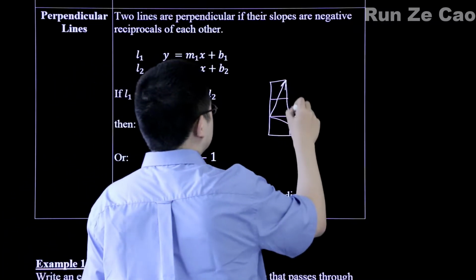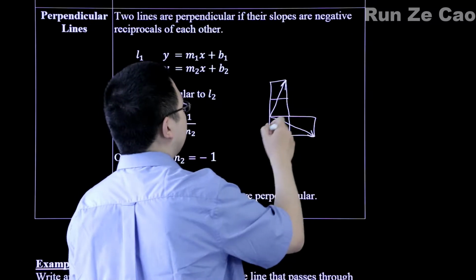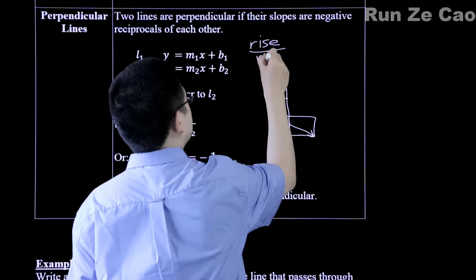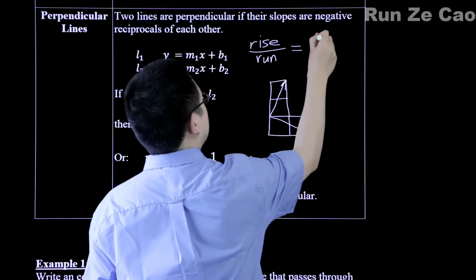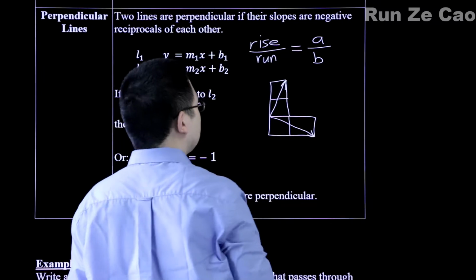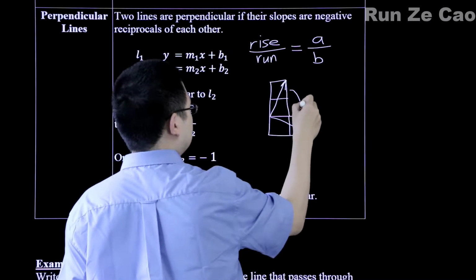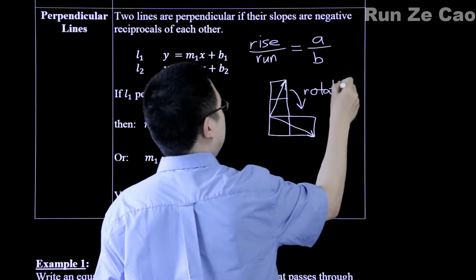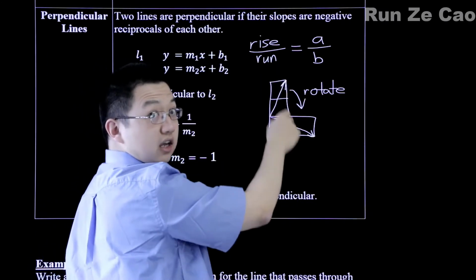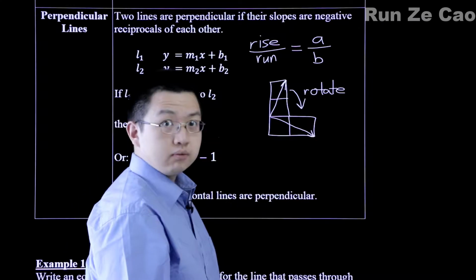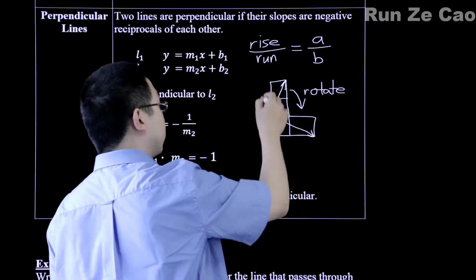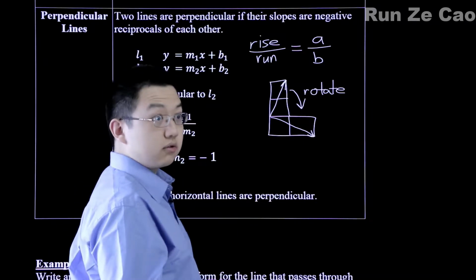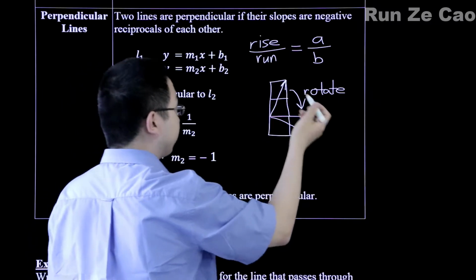first of all, when you rotate this 90 degrees, you go from rise over run equals A over B. Rotate. And suddenly, instead of going up by A grids, you're going across by A grids. And instead of going across by B grids, you're going down by B grids. You're going up negative B grids.